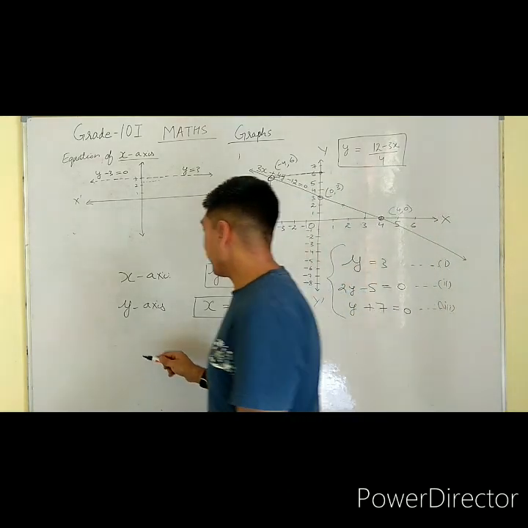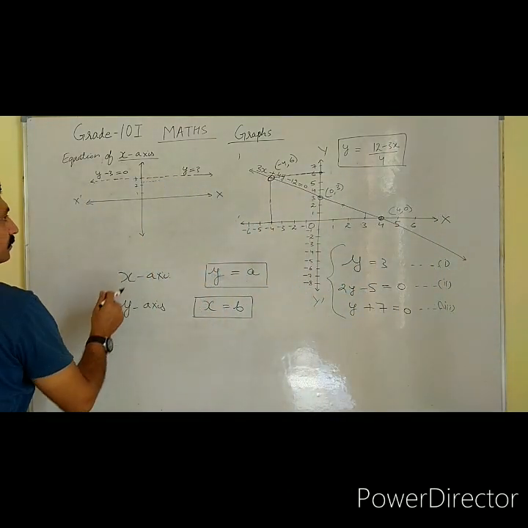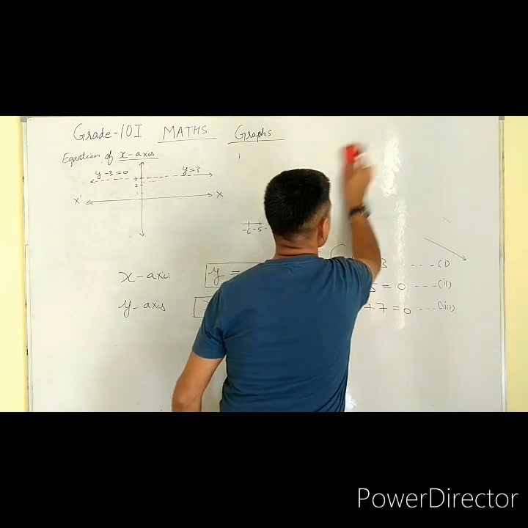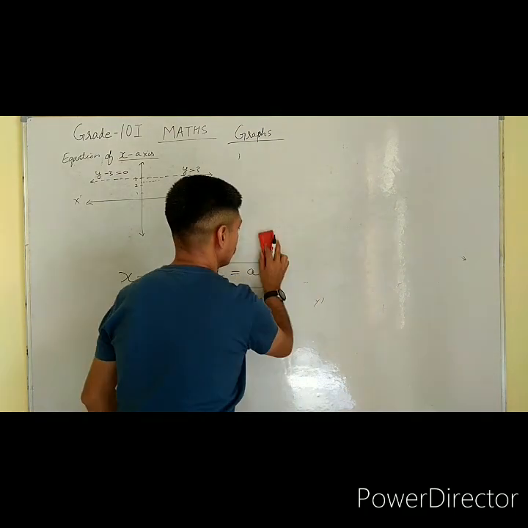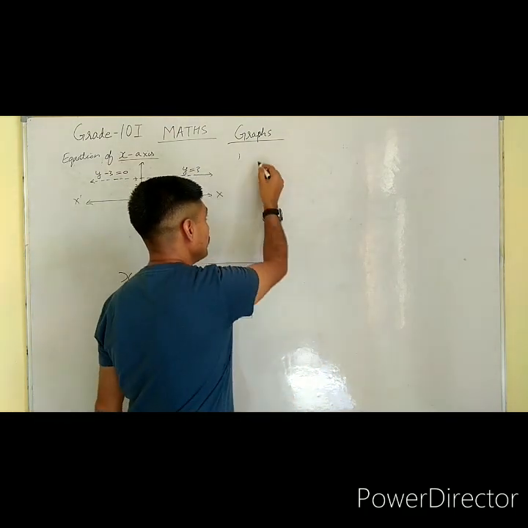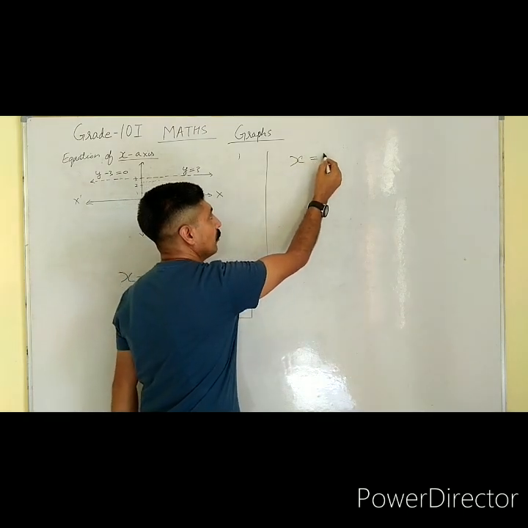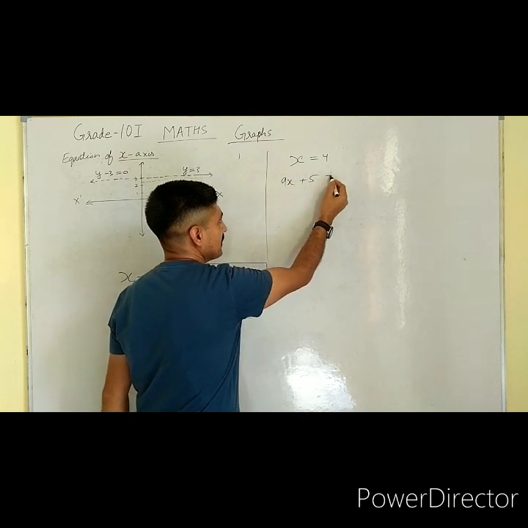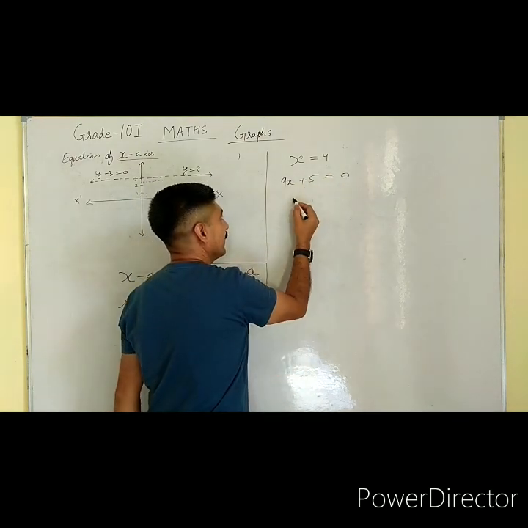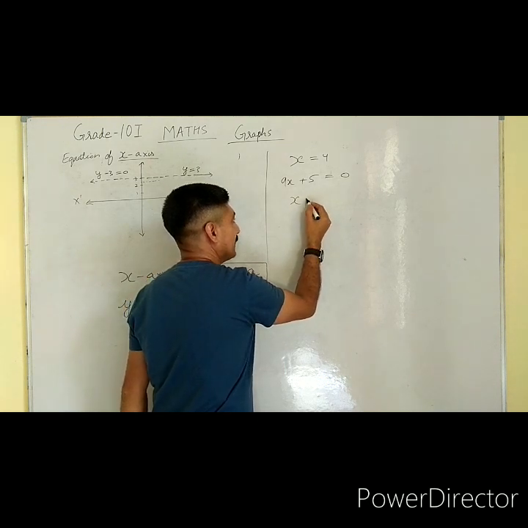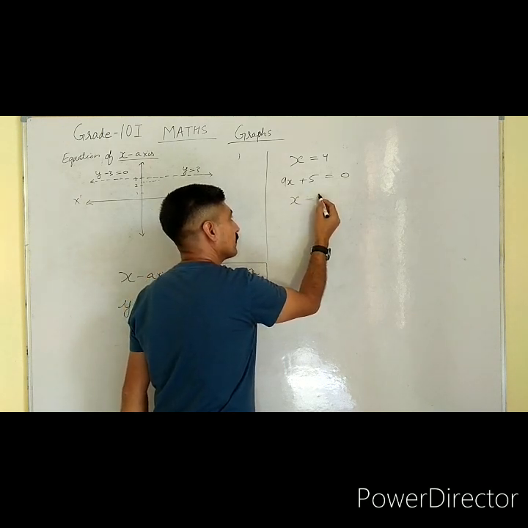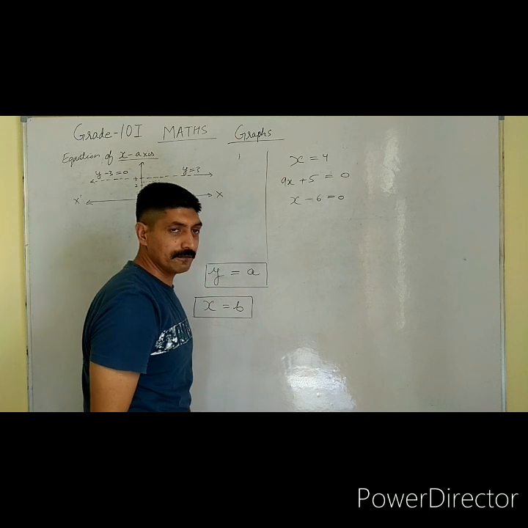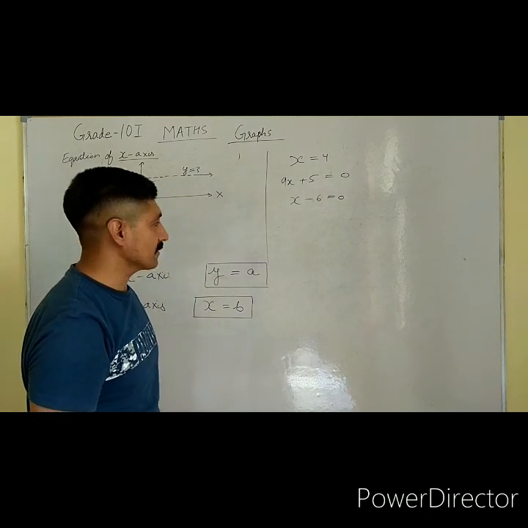For example, if we have x is equal to 4, or 9x plus 5 is equal to 0, or x minus 6 is equal to 0, all these equations are equations of a line parallel to the y-axis.